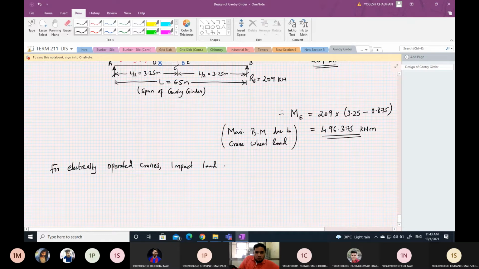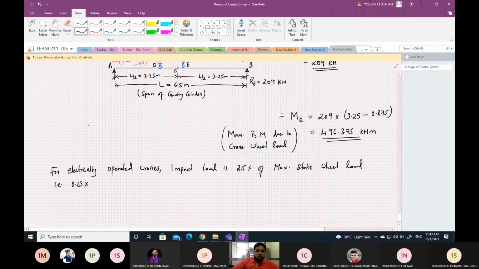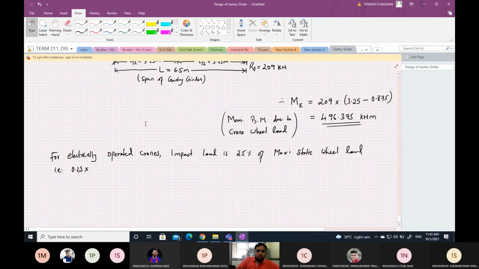Note that the position will be the same, that is 0.25 into this value 190.63 kilonewton.